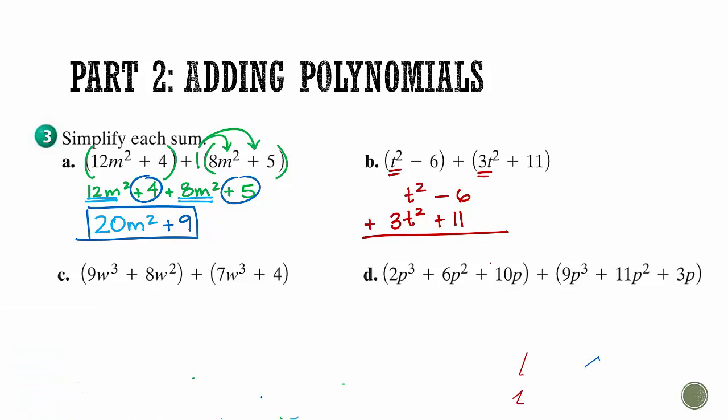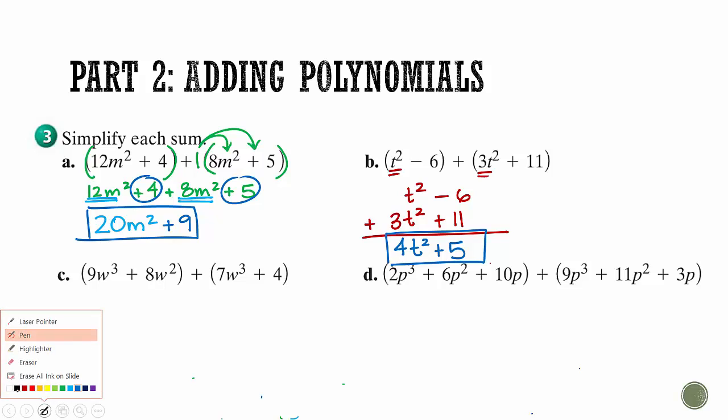So just like before, you'd add everything in the tens column and everything in the ones column. Same thing here. So we'd combine negative 6 plus 11 gives us 5, and then t squared plus 3t squared gives us 4t squared. And that's it. I personally don't like rewriting it to make them over each other, so I tend to just combine like terms, but it's totally up to you which way you choose.